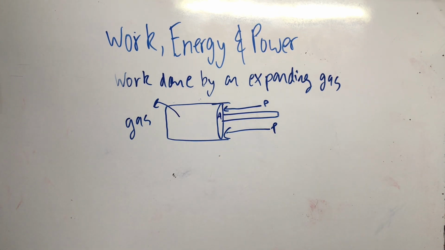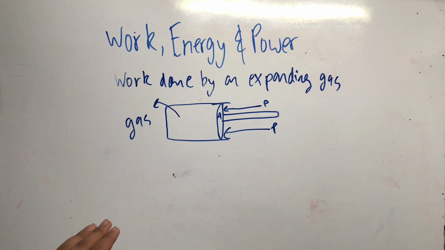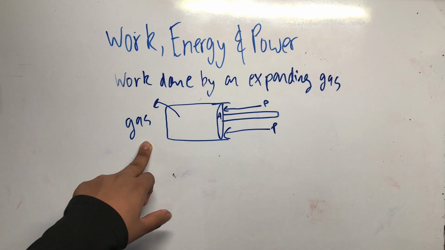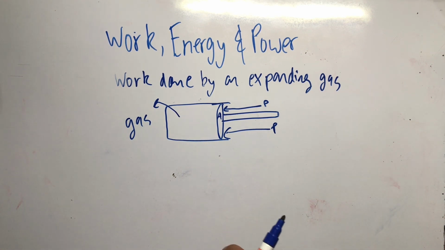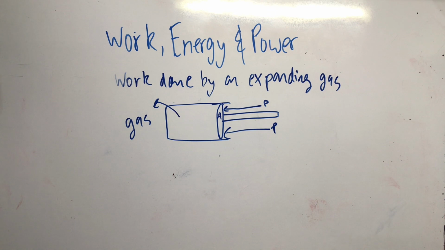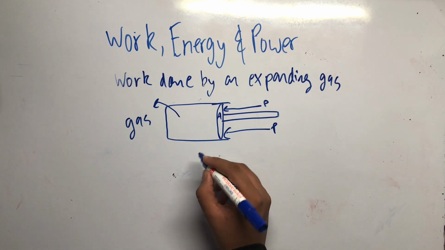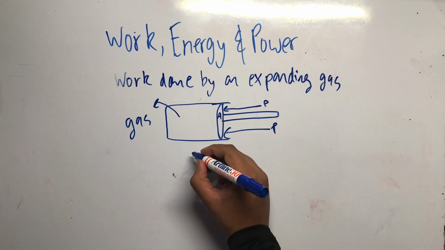In the previous section we learned that pressure is also exerted by fluids, and in fluids we also have the gases. So the gas which is present in the piston has its molecules continuously colliding with the walls of the piston, causing it to produce a pressure.